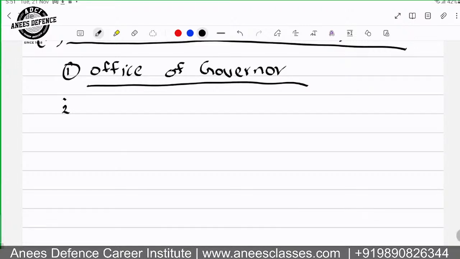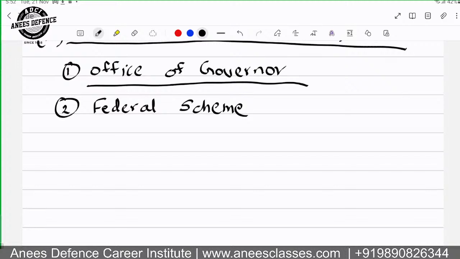Office of Governor. Second important thing is federal scheme. Federal scheme means the powers of the central government and the state governments and the arrangement of these two layers of the government.